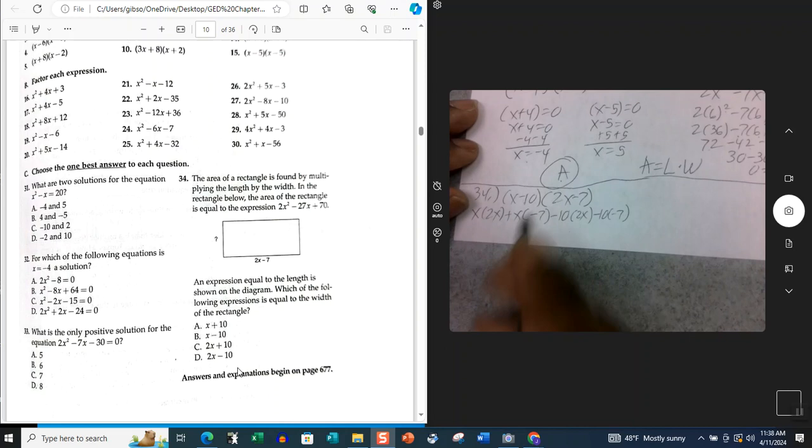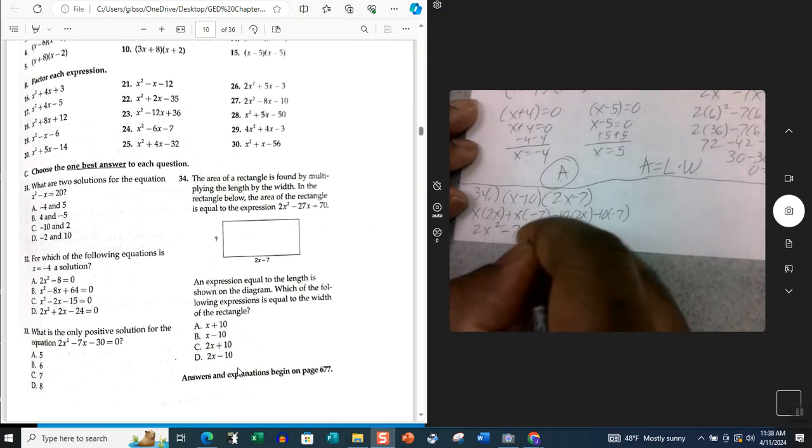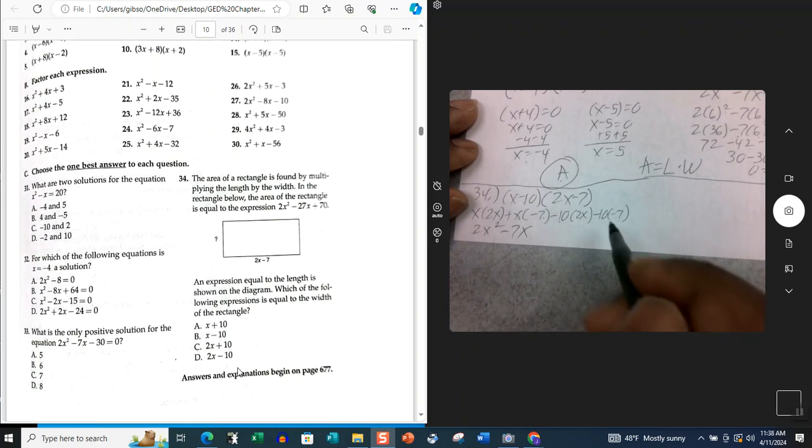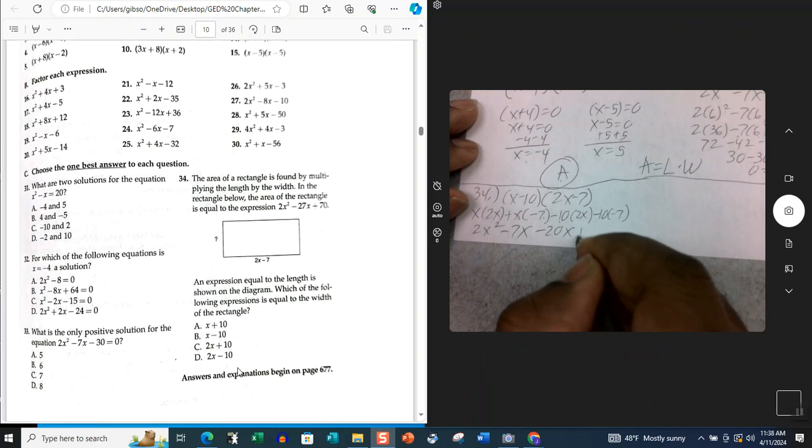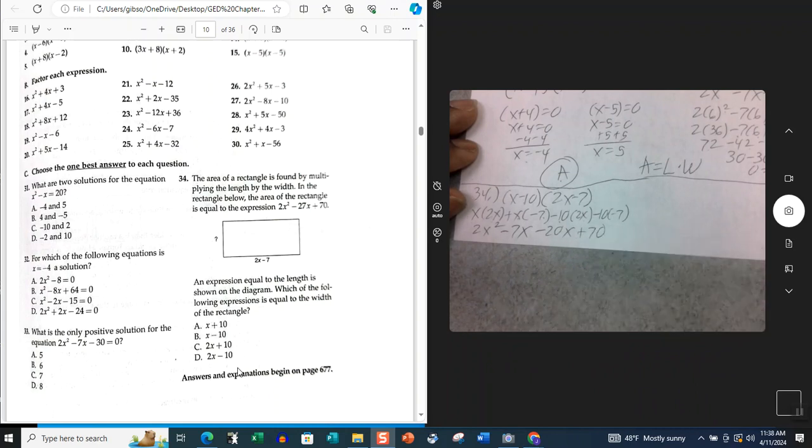So now we multiply. X times 2x is 2x squared. X times negative 7 is a negative 7x. Negative 10 times 2x is a negative 20x. And negative 10 times negative 7 is a positive 70.